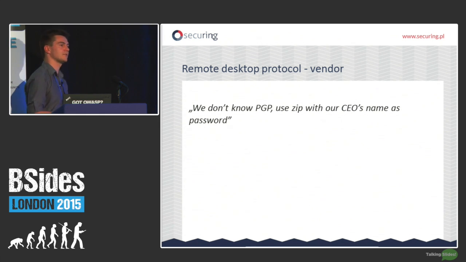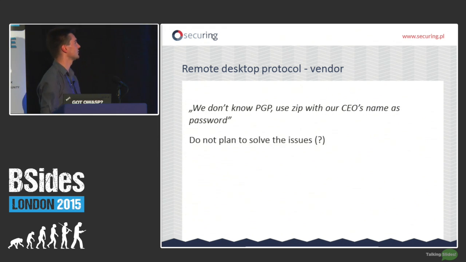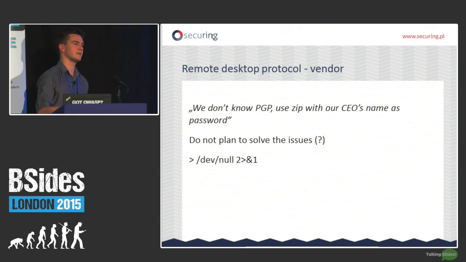Finally, after about 1 month of phone calls and emails, we achieved a proper encrypted channel. And they responded, sorry, we do not plan to solve these issues. They said that they've got so many clients that updating all of this for their customers would be impossible.